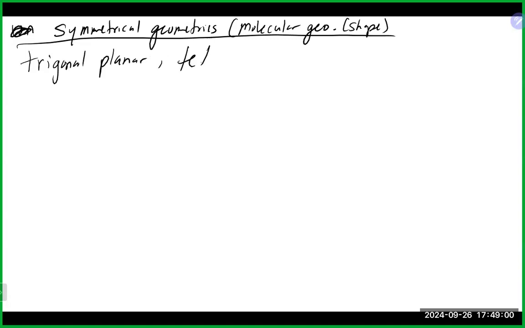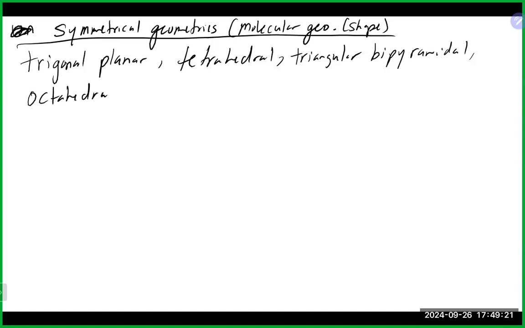We have tetrahedral. You got triangular bipyramidal. You got octahedral as well.